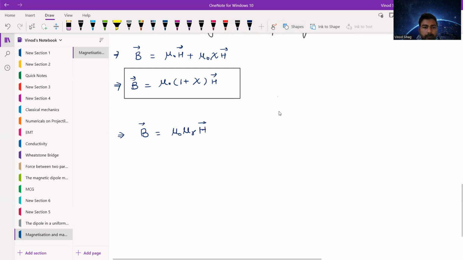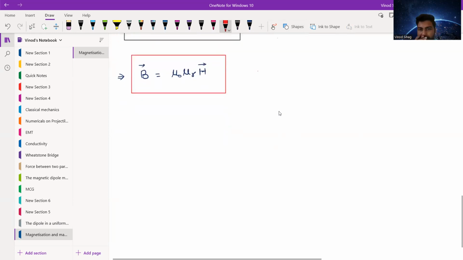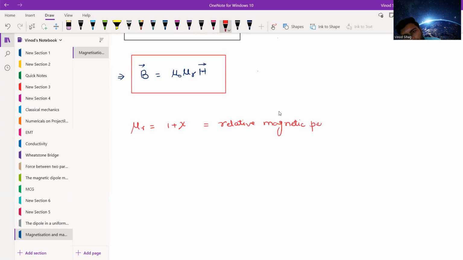Now let's describe what mu r is here. Mu r is 1 plus chi, and it is named the relative magnetic permeability.